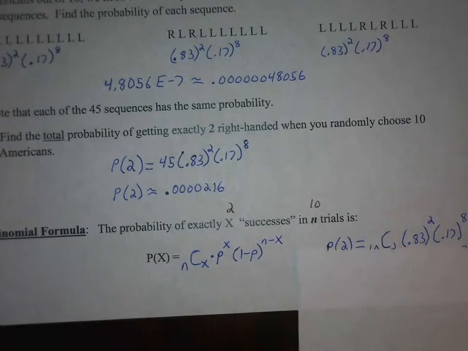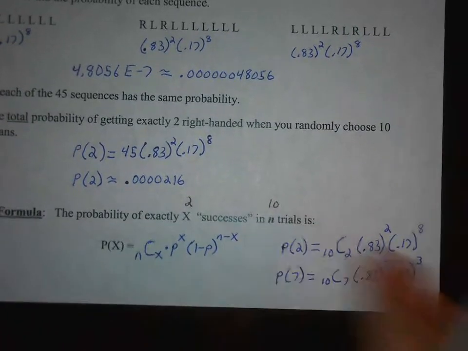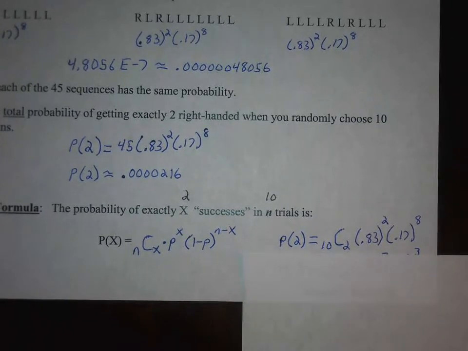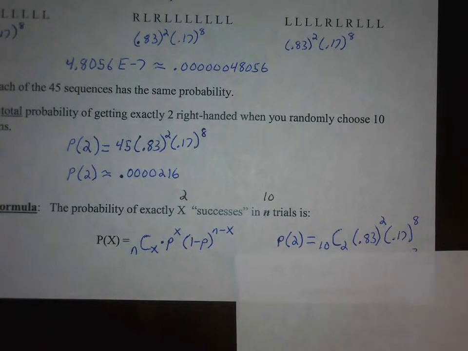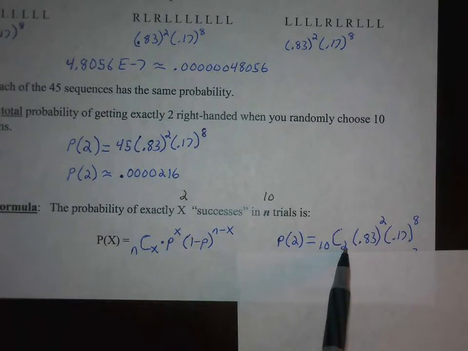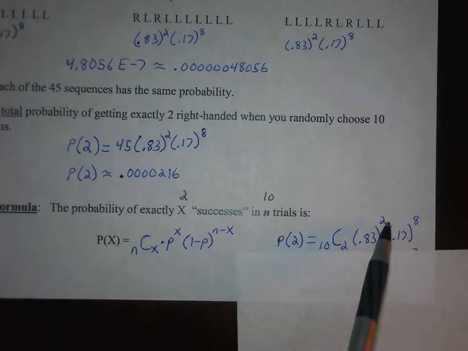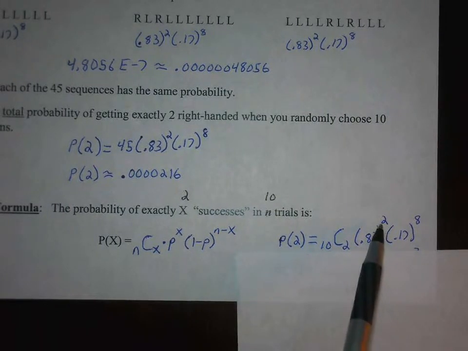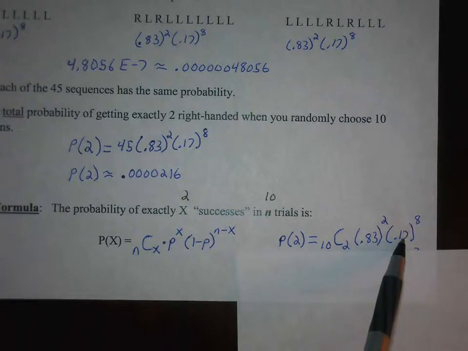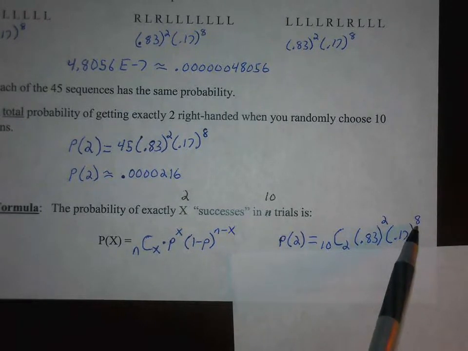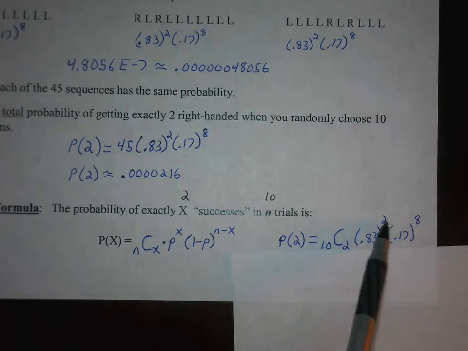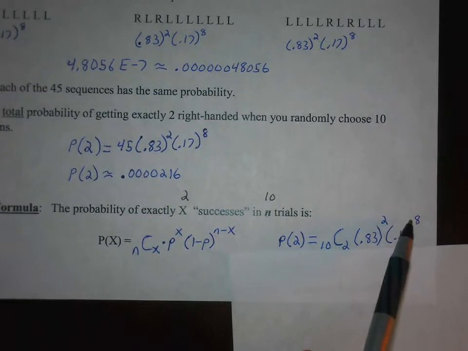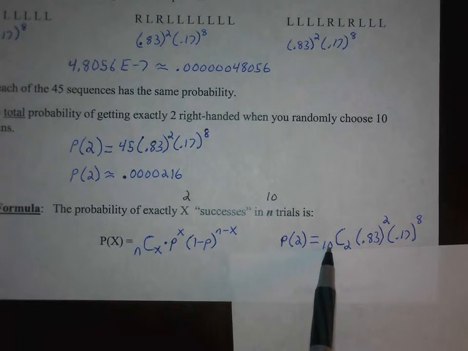So for our example, to find the probability of exactly 2 right-handed people out of 10, you want to choose 2 successes, 0.83 to the second. So the probability of success is 0.83, and you want 2 of them. And then you look at probability of failure is 0.17, and you need 8 of those. Okay, another way to look at the exponents is they have to add to the number of people that you chose, your n value.